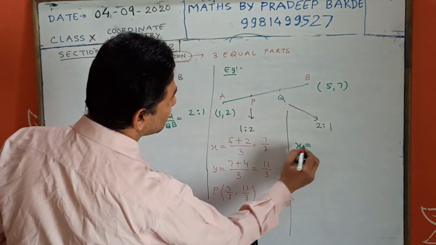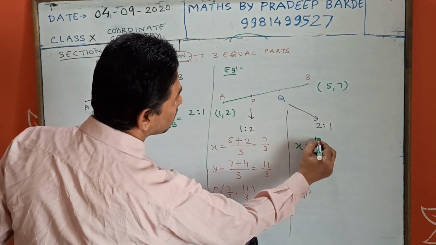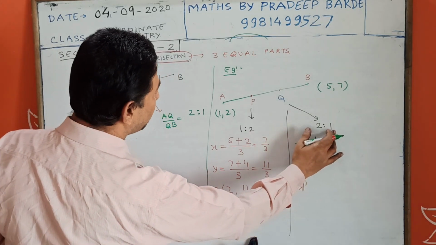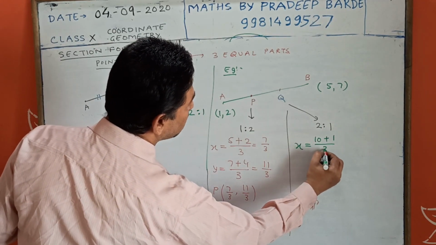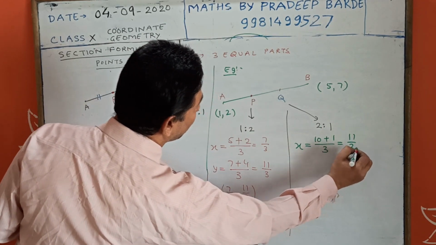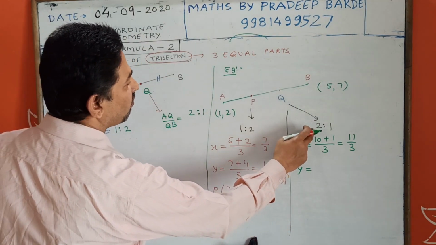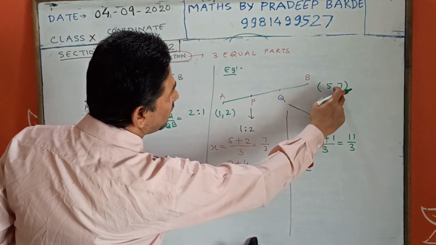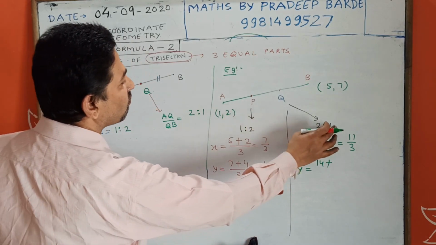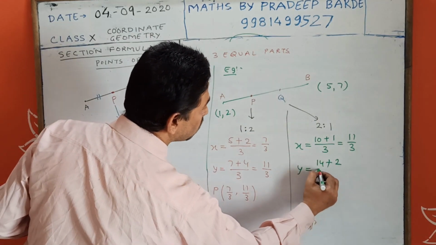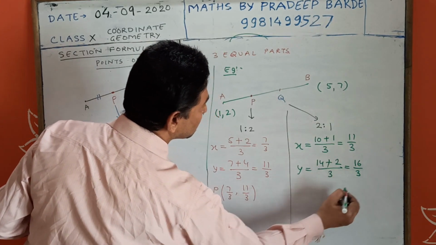So x is equal to m1 x2, 2 into 5, that is 10, plus m2 x1, 1 into 1, this is 1, upon 2 plus 1, 3, so that is 11 upon 3, and y is equal to m1 y2, 2 into 7, 14, plus m2 y1, 1 into 2, this is 2, upon 2 plus 1, this is 3, 14 plus 2, 16 upon 3.